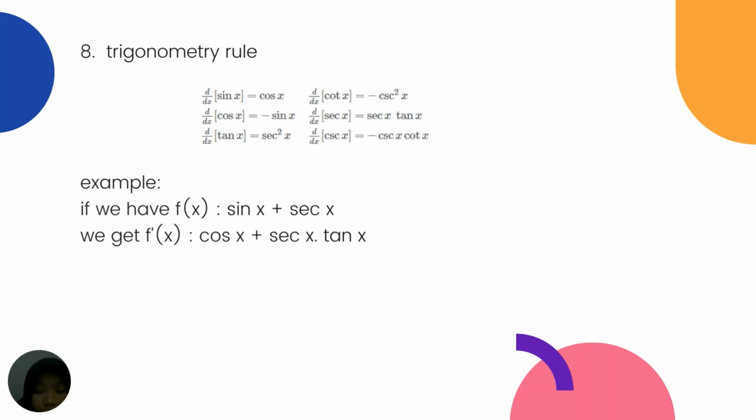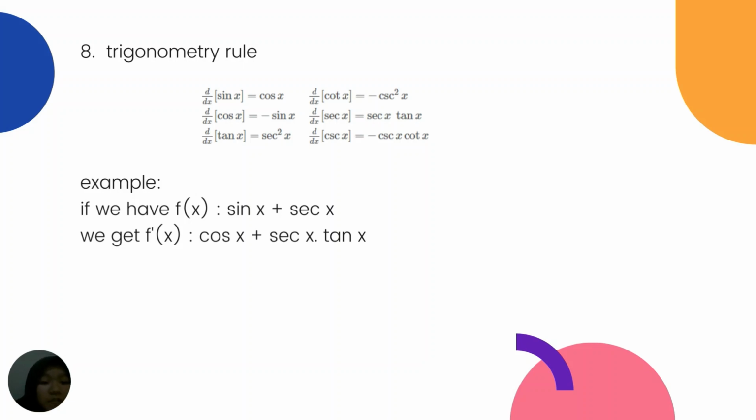The derivative of tan x is secant squared x, and then the derivative of cot x is minus cosecant squared x, and then the derivative of secant x is secant x times tan x, and then the derivative of cosecant x is minus cosecant x times cotangent x.